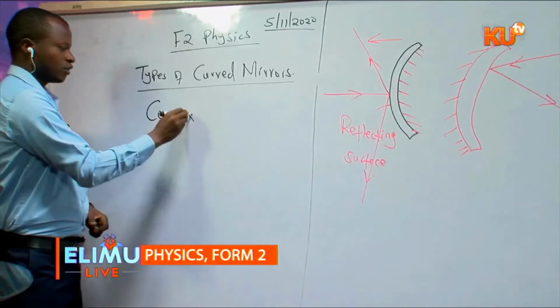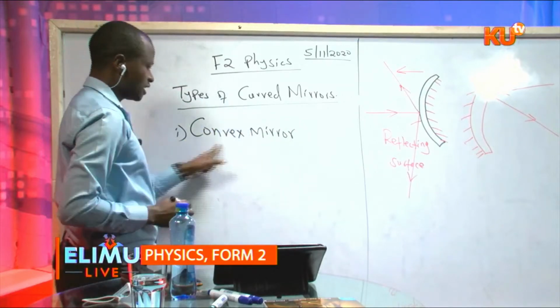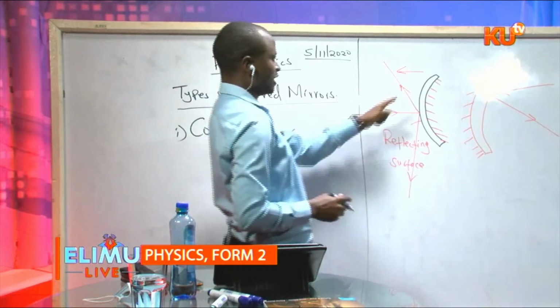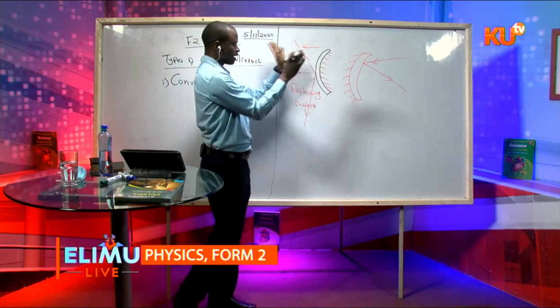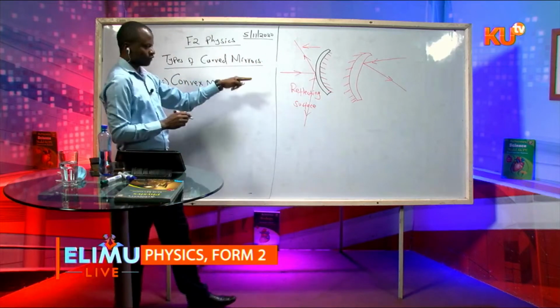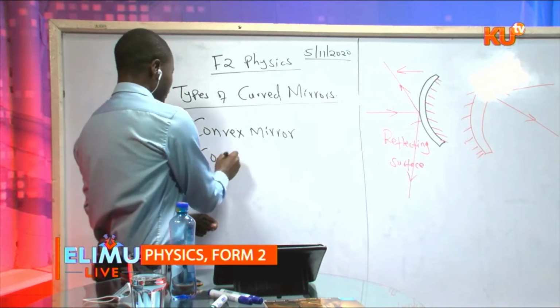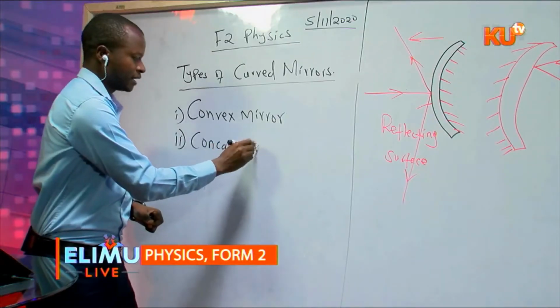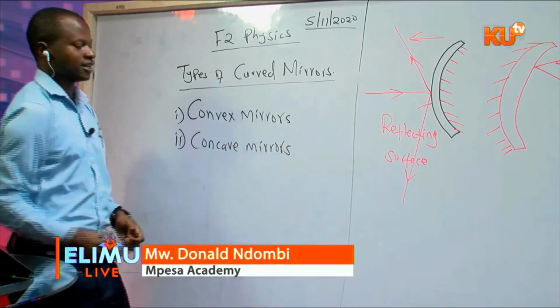Convex. So convex mirror, that's the first type. And we have said in a convex mirror, the reflecting surface bulges outwards. Then the opposite of this is called concave. Concave mirror. So we have convex mirrors and concave mirrors.